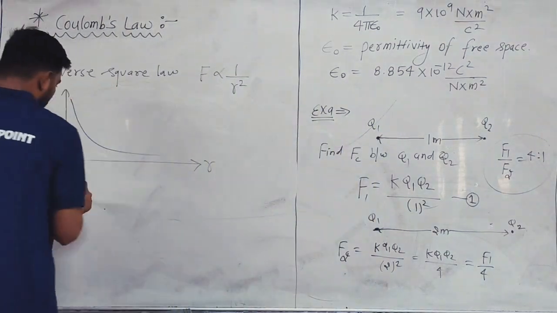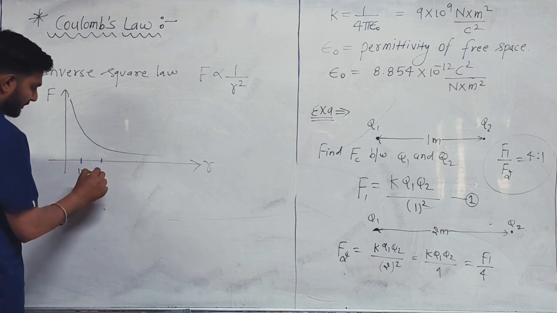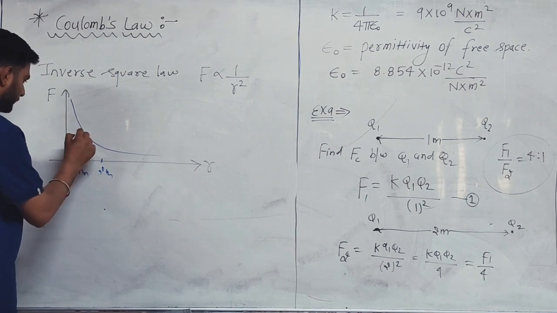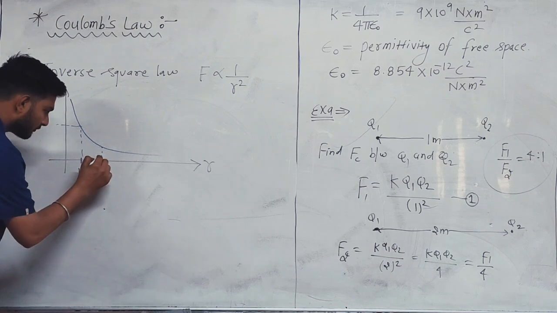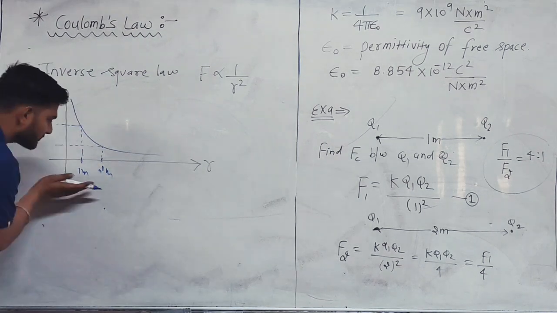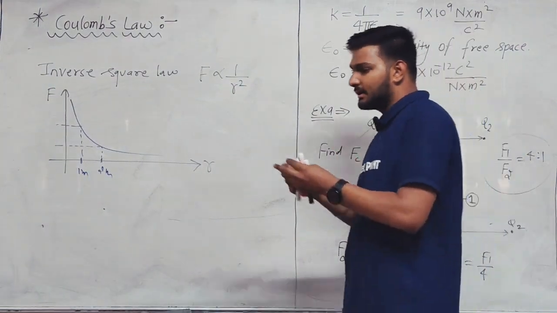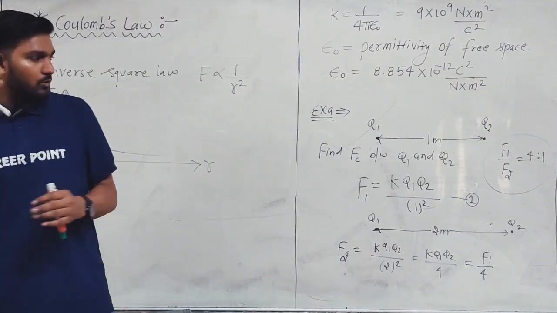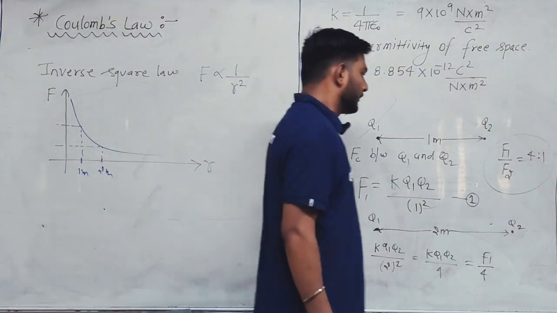Let's suppose we have distance 1 meter here and now we take 2 meter. At 1 meter, this will be the force. At 2 meter, this will be the force. So force is decreasing as we increase the distance, or the separation of two charges. So this is the inverse square law.